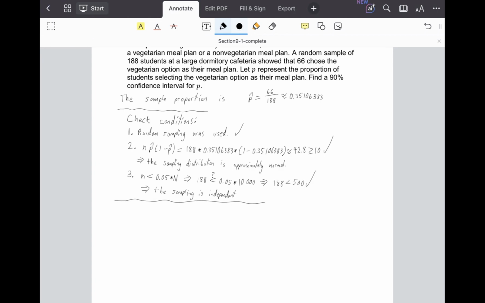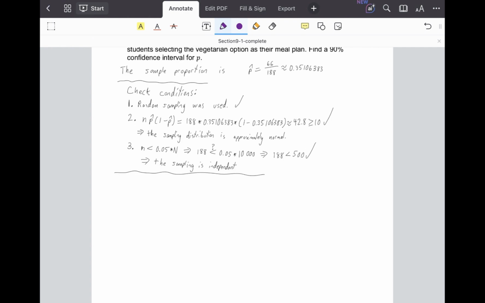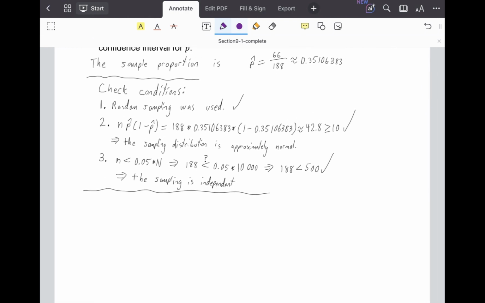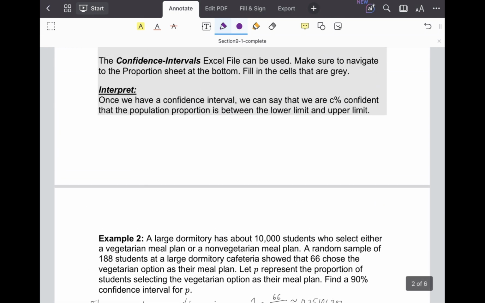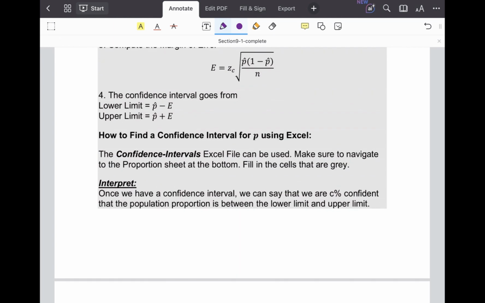So I'll just draw a line here. Now, you could do this by hand. I do not want you to do it by hand. If you ever think that you're going to need to do it by hand, you can certainly practice using the formulas up here, and then you can double check that you did this formula correctly by using the Excel file.